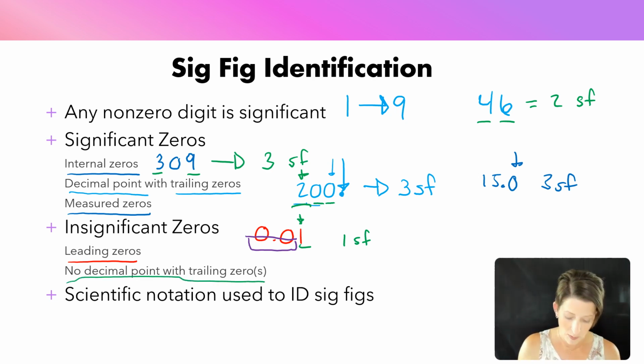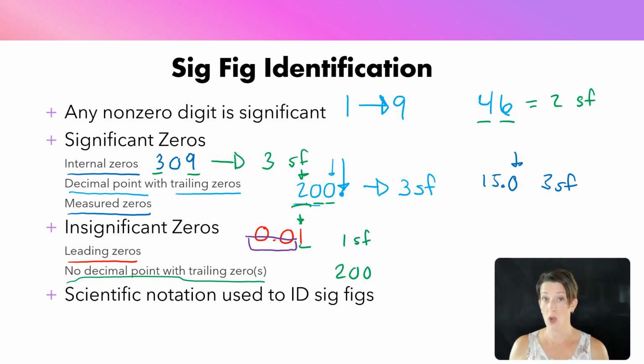If there's no decimal point with trailing zeros, so if we had that 200 but no decimal point, those zeros are not significant. They're just there to tell us that the hundreds place is occupied. So this is 1 sig fig, which means our device could only tell us roughly 200. There's no other marks. We had to do a straight up estimate.